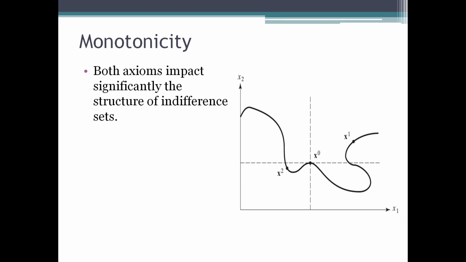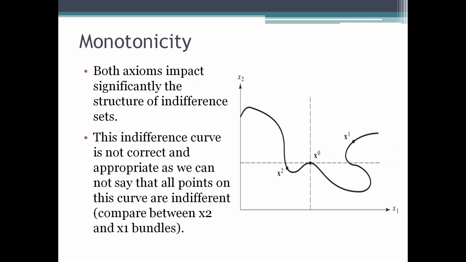So the importance of both axioms, the local non-satiation axiom and the monotonicity axiom, is that they structure our indifference set. It says that this indifference curve is not appropriate, is not correct, as we cannot say that all points on this curve are indifferent.